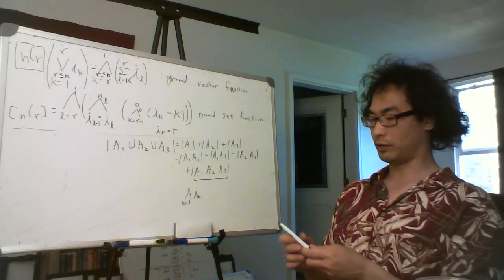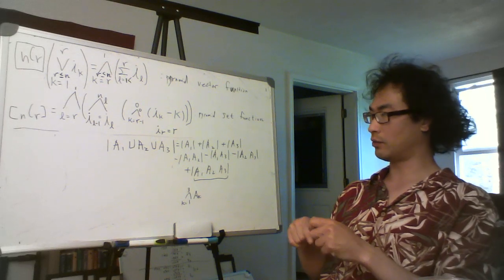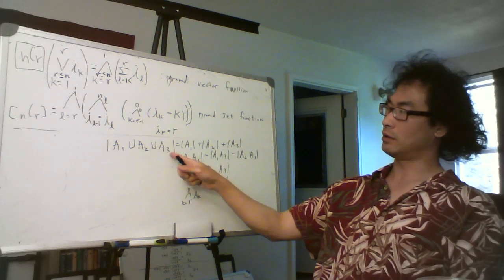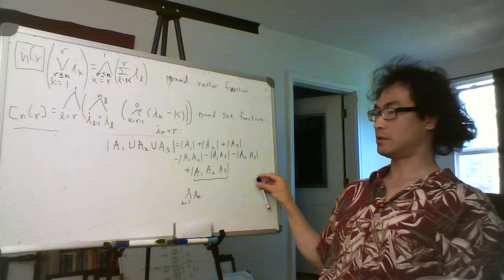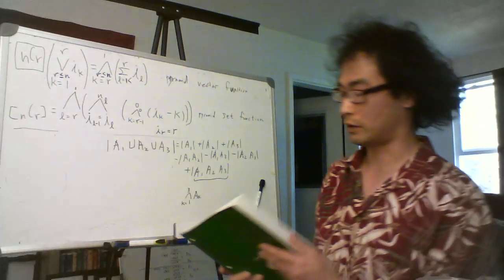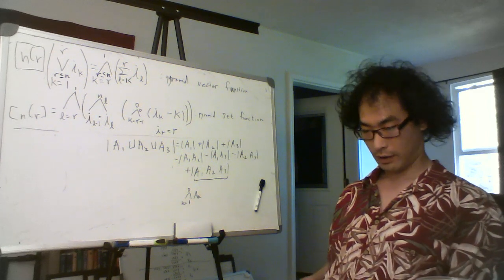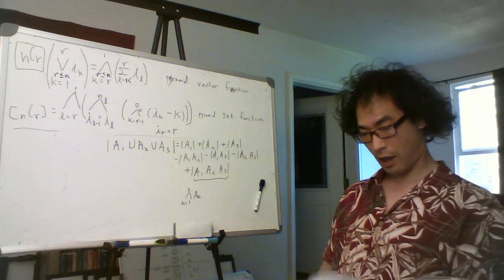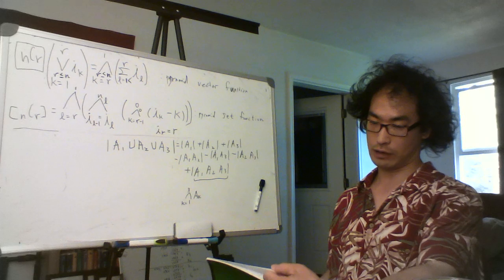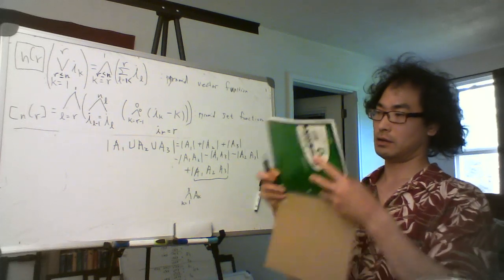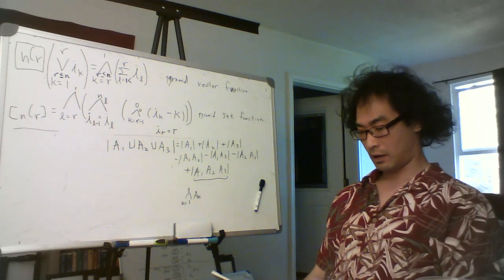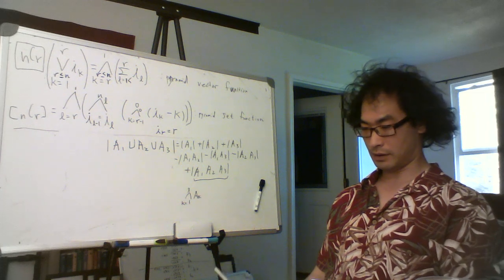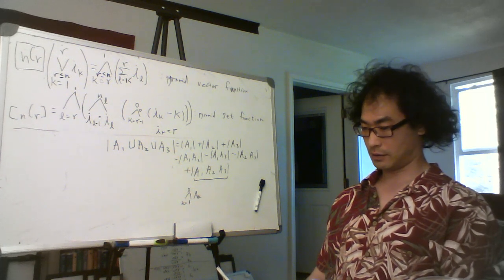Let me look it up in my notebook. I think we had a general formula for this when there are n sets. Okay, let's see. I hope I wrote it down. I did. But it's not very nice.